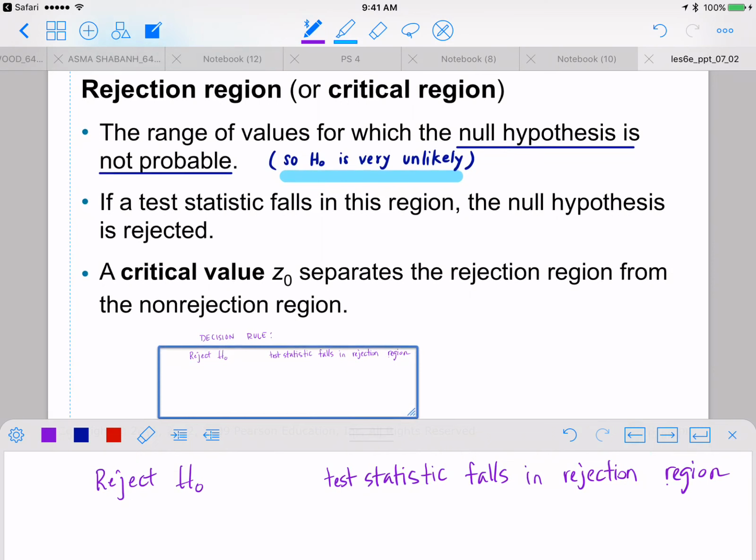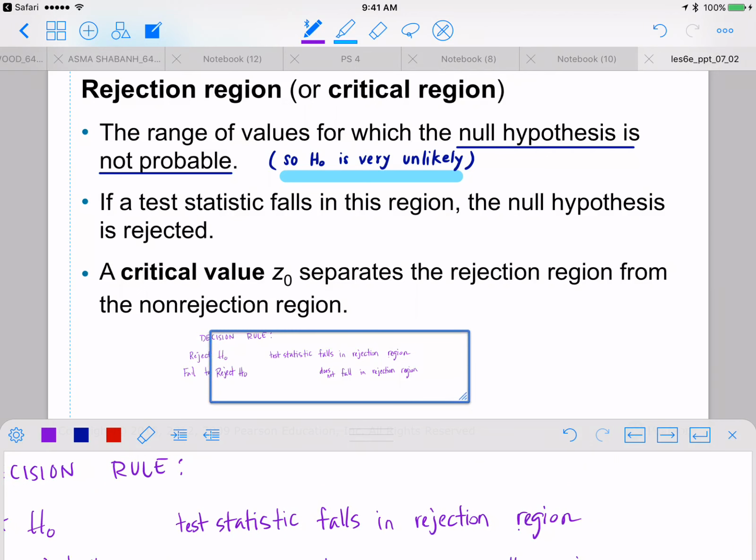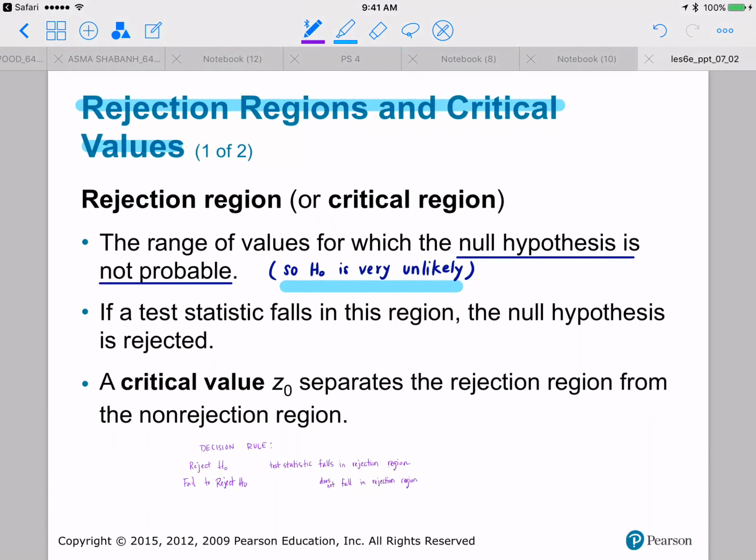If the test statistic falls in the rejection region, then you reject H naught. If the test statistic does not fall in the rejection region, fail to reject H naught.